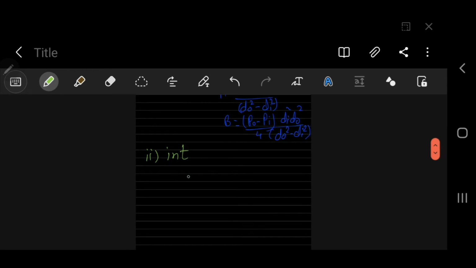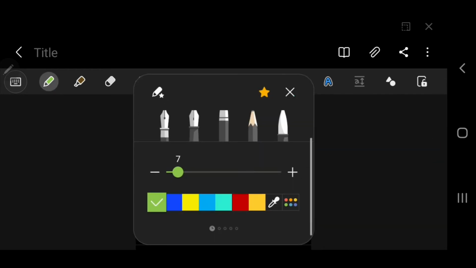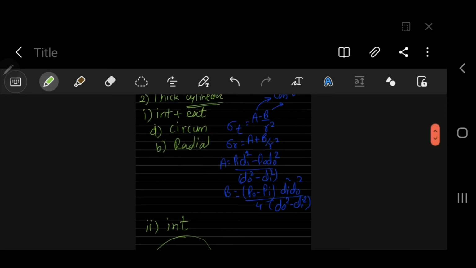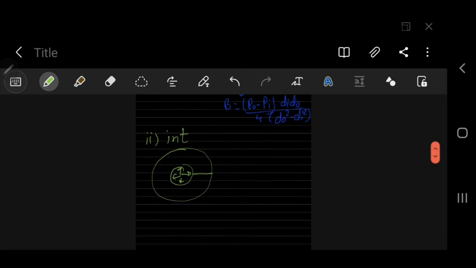We just have to understand the concept here. So when a cylinder is subjected to only internal pressure and the cylinder is a thick one, this will be the section where we have only internal pressure. As we have seen here, there will be only two types of stresses, the circumferential stress and the radial stress.